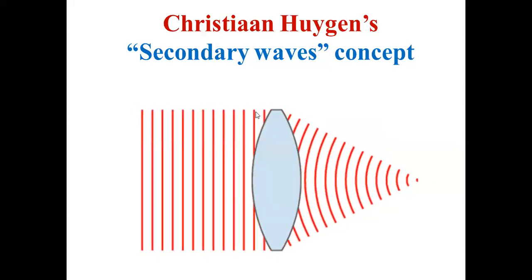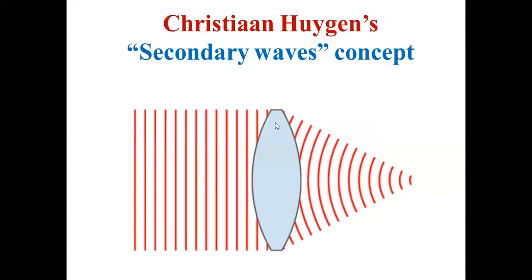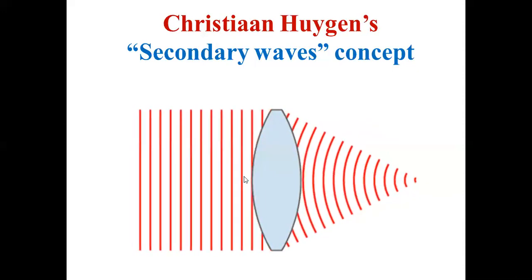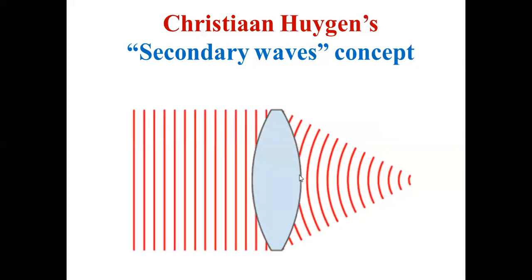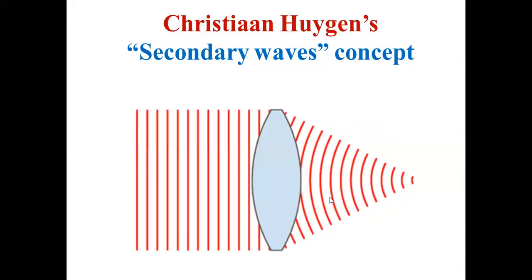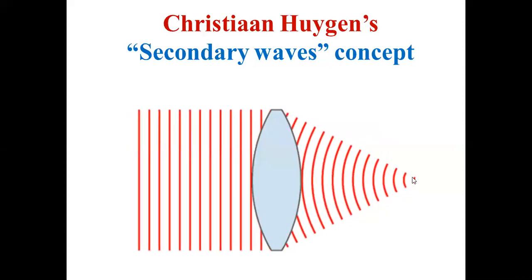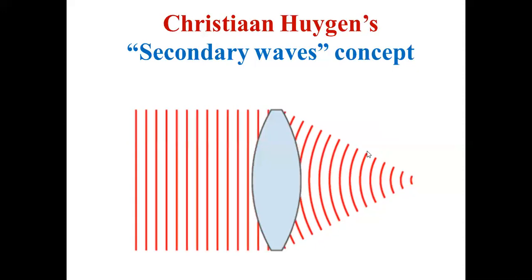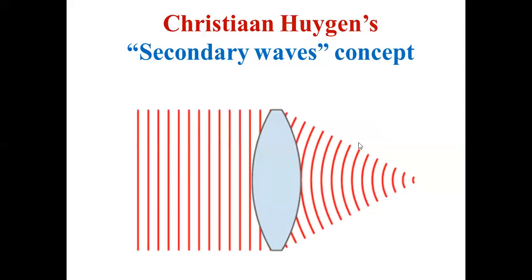Why? Because this part of the wavefront moves faster. It has to travel lesser in medium. This part of the wavefront has to travel more in the medium. So it lags behind. So the wavefront bends. It becomes spherical. Plane becomes spherical and gets focused at a point. A beautiful explanation given by Christian Huygens on the basis of secondary waves.